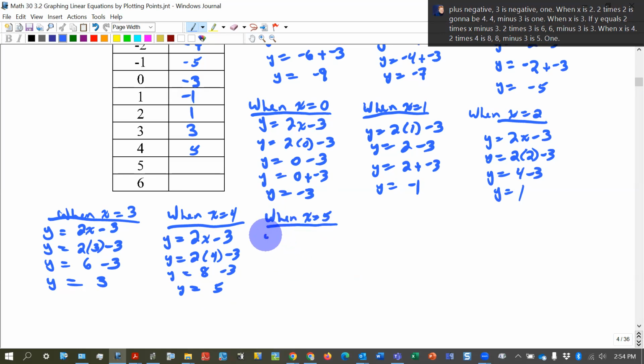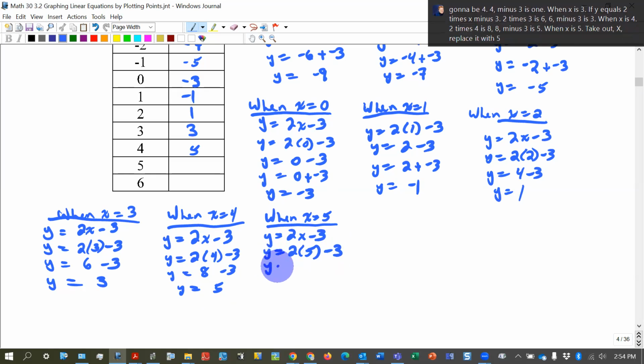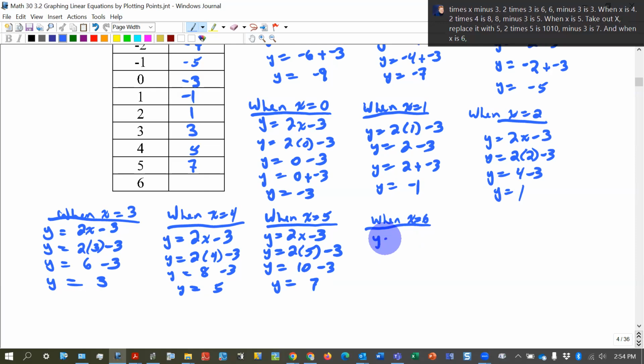When x is 5, take out x, replace it with 5. 2 times 5 is 10. 10 minus 3 is 7. And when x is 6, we get 12 minus 3, which is 9.